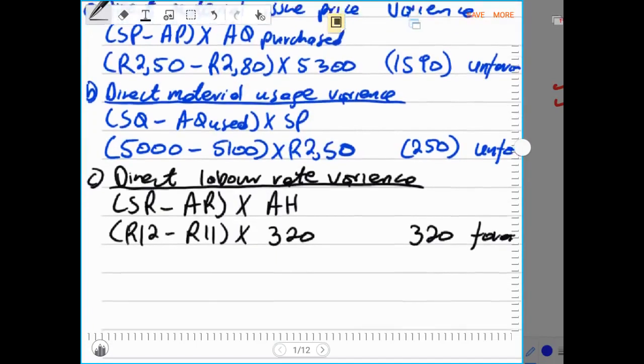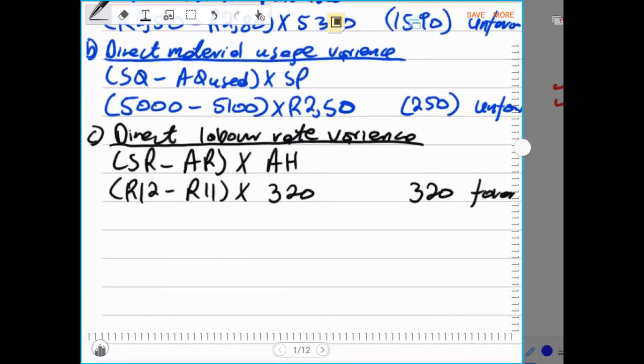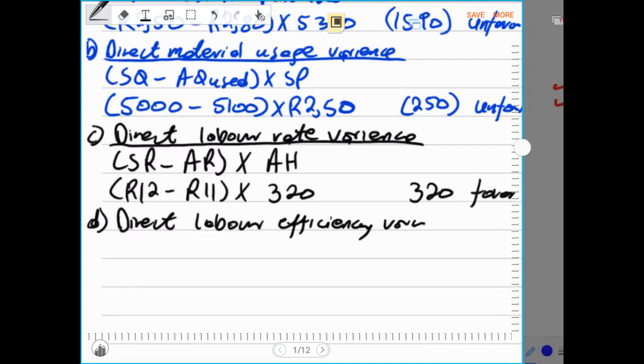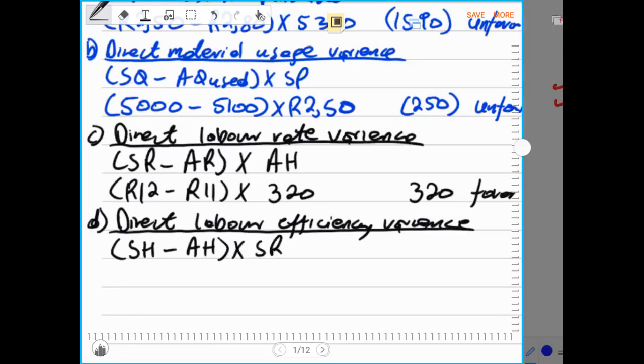Then we do our direct labor efficiency variance, which is variance number D, where we are calculating the efficiency of the employees. Our direct labor efficiency variance is calculated by standard hours minus actual hours times the standard rate of labor.